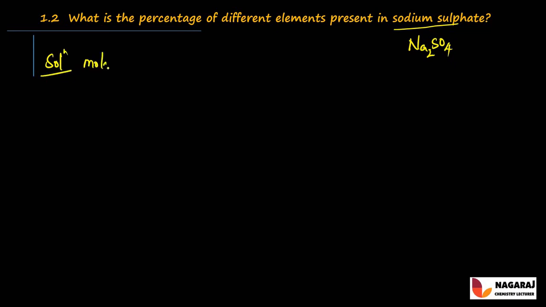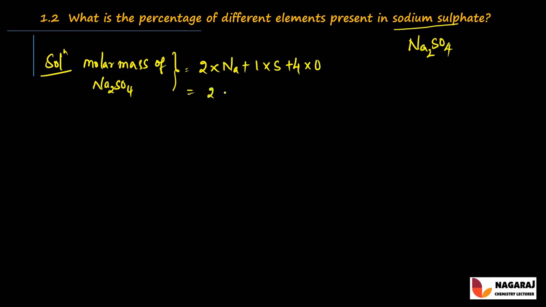That is, molar mass of Na2SO4 is equal to 2 into atomic mass of sodium plus 1 into atomic mass of sulfur plus 4 into atomic mass of oxygen.